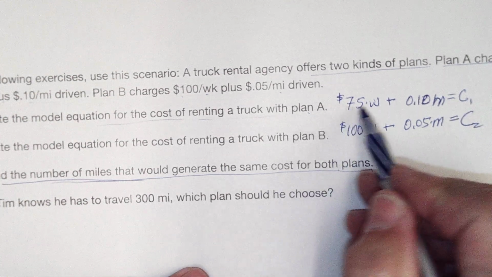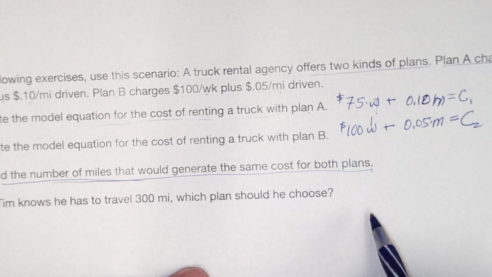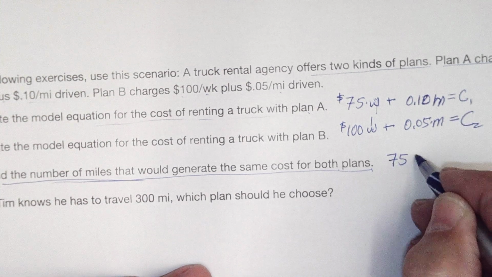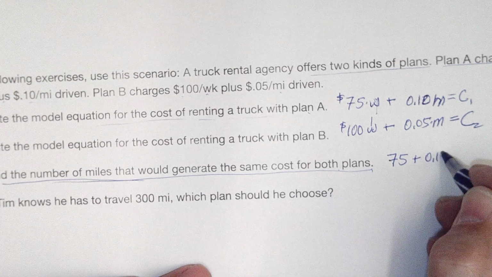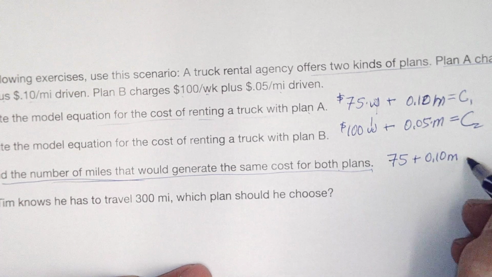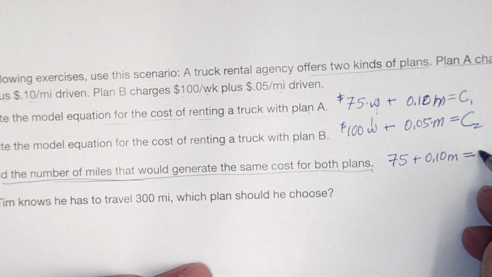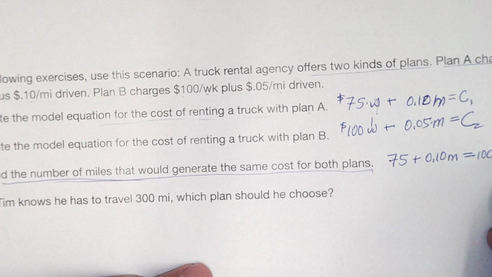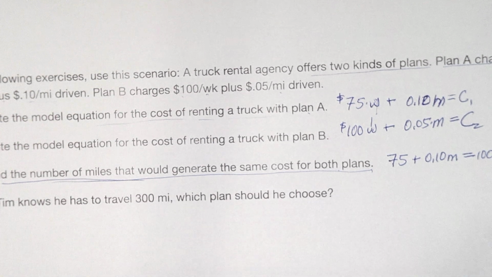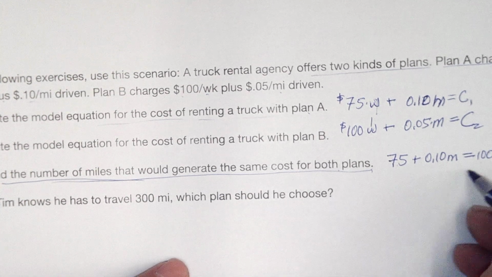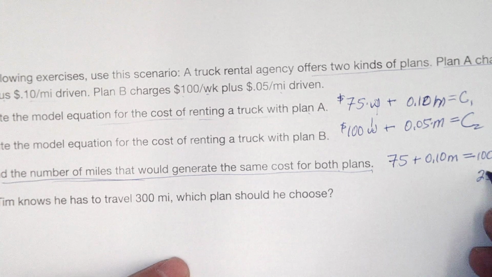So let's just put 1 in for each of these. So then it would be just $75 plus 0.10 per mile. We want to know when that cost equals 100 for 1 week plus 0.05 per mile. So then I can subtract 75 from both sides, and I get 25.